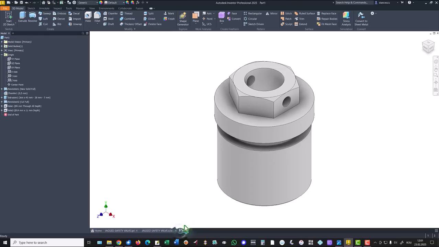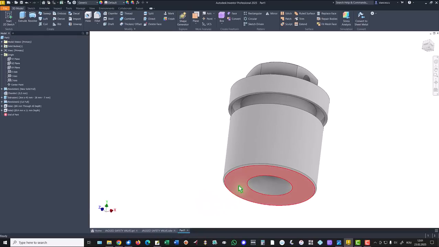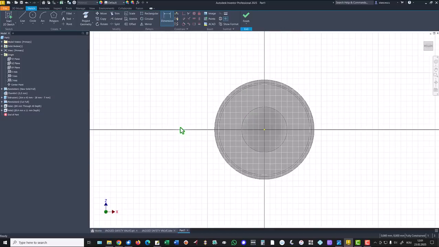Let's create the sketch for this construction. We draw a line by selecting this diameter, a line from the circle down to somewhere here, and then here.